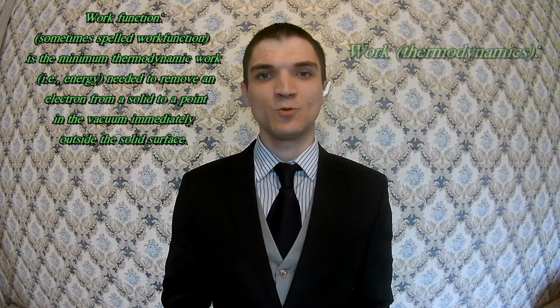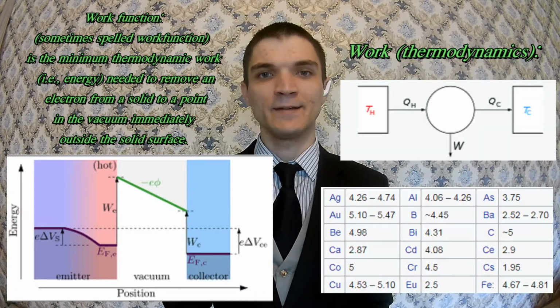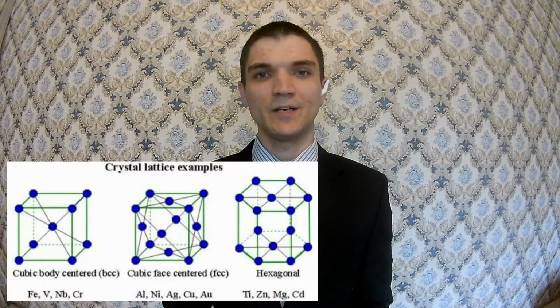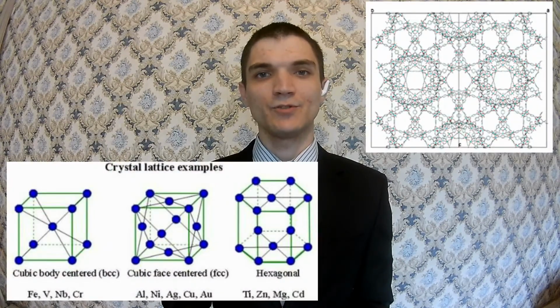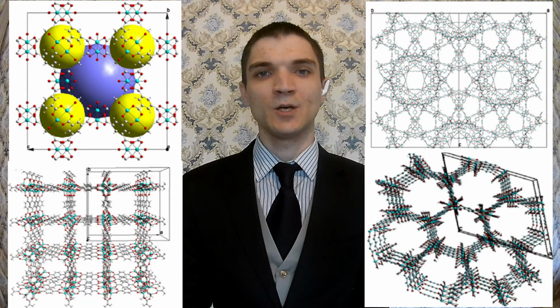This energy is called the work function of the electron from the conductor, and for most metals it is less than 5 electron volts. But an electron in a metal cannot acquire such energy between collisions with the crystal lattice of the metal and therefore remains on the surface of the conductor.